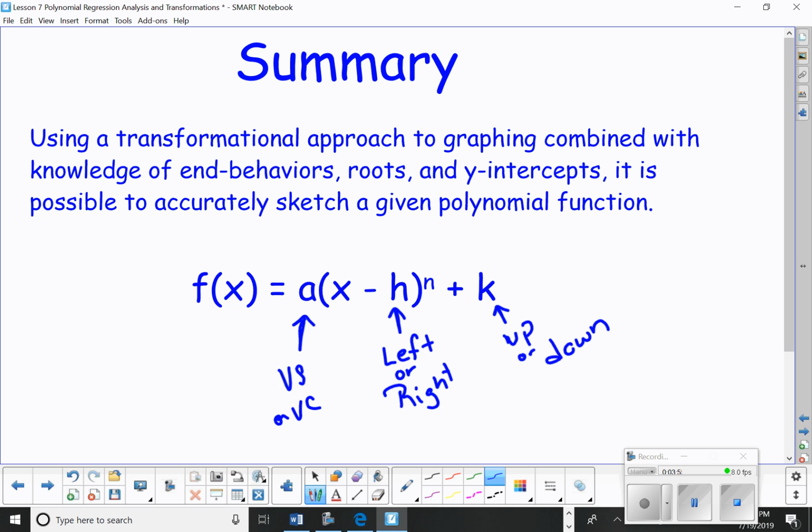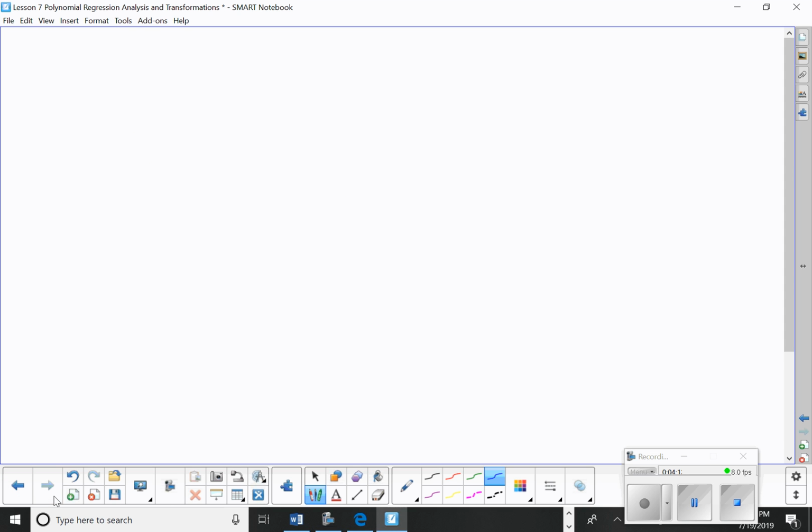And if we do have something on the inside, we try not to, but that would be a horizontal stretch or compress. This is the basics, though. With this, you should be able to graph just about anything, along with your knowledge of end behaviors.